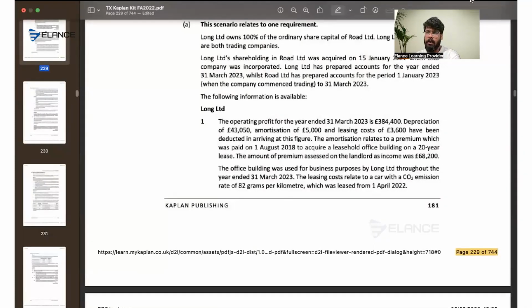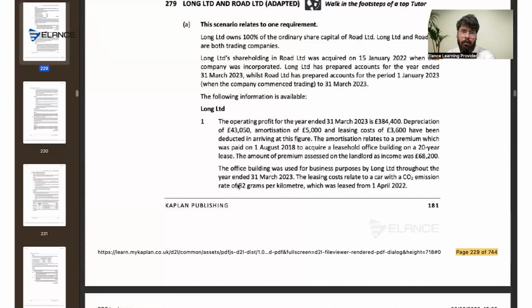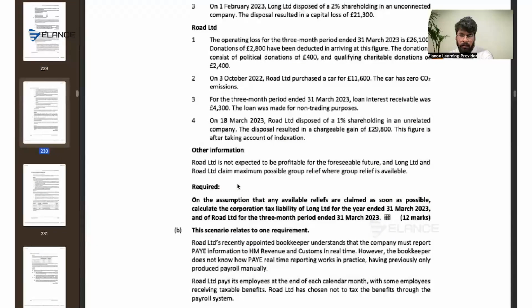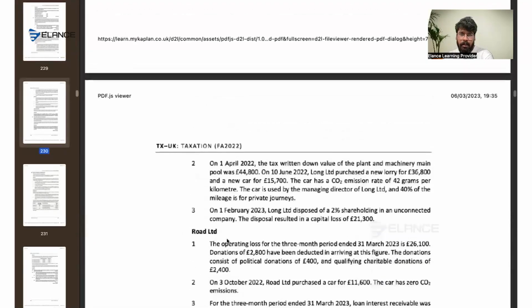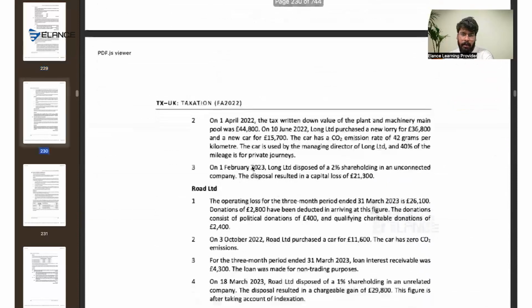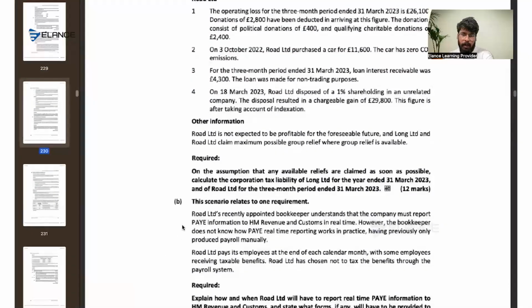First of all, we are going to find out what the first requirement is. The question has two parts, part A and part B. In part A, the requirement is here, and it is worth 12 marks.